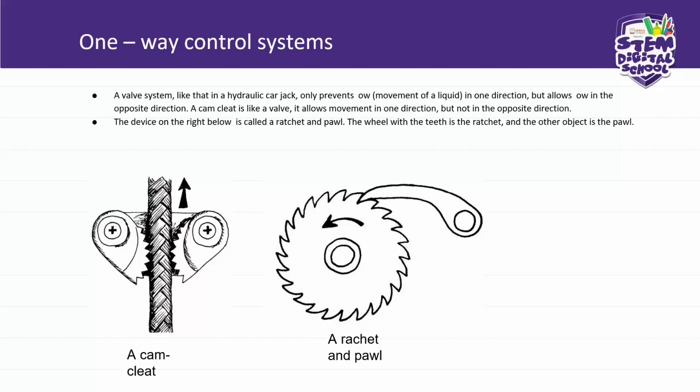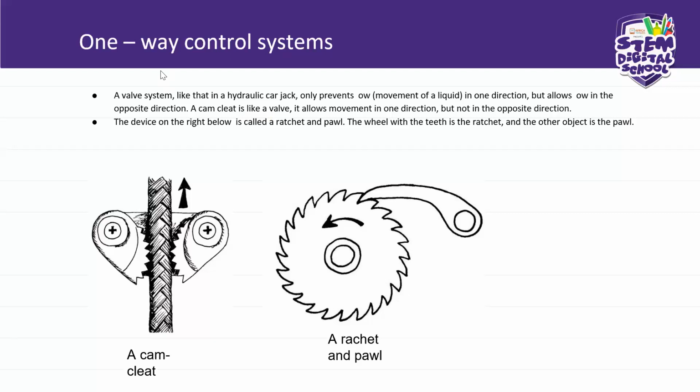Cable ties, you know the cable ties. We use them to fasten things, okay? So how do the cable ties allow one-way movement? Have you seen how the cable ties allow one-way movement?